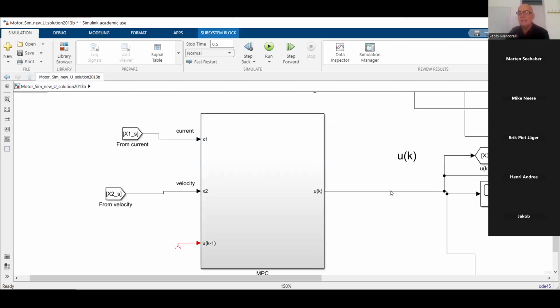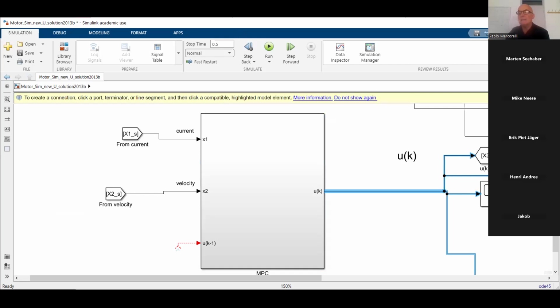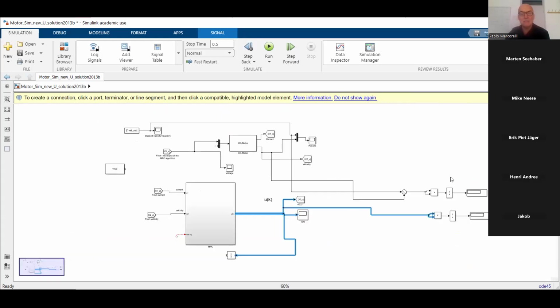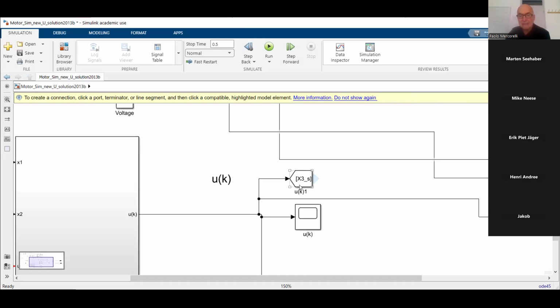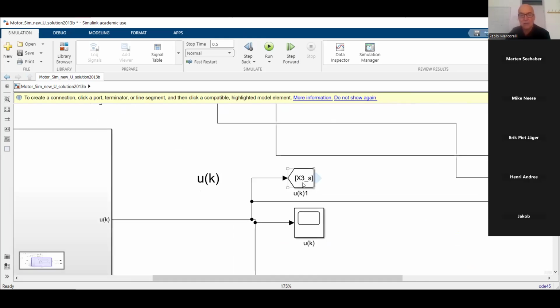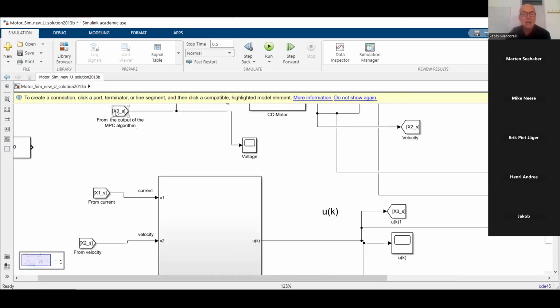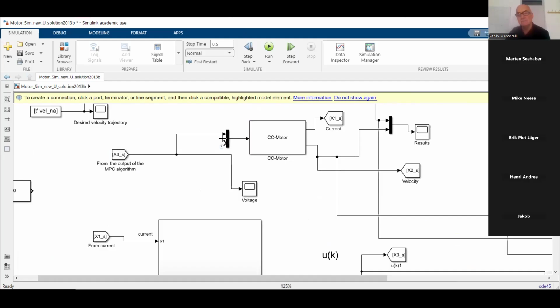The input UK calculated by the MPC is basically the input of our system. And this element here, x3_s in output, is going as input to x3_s here. Let me throw away the disturbance.